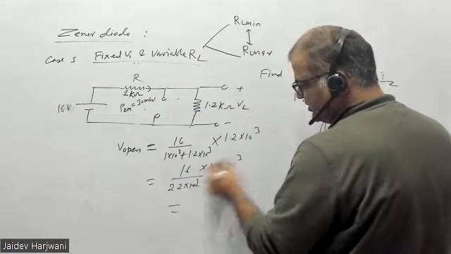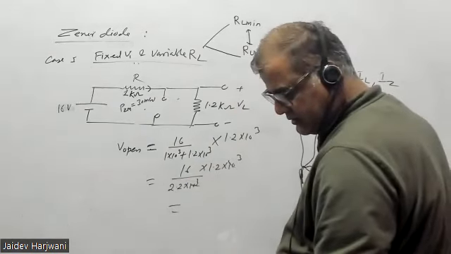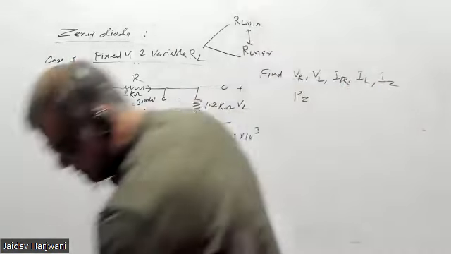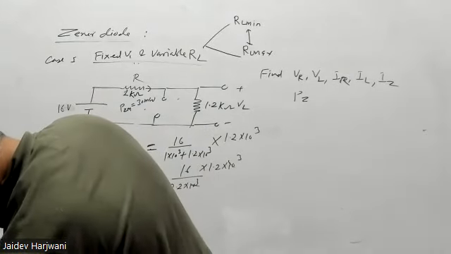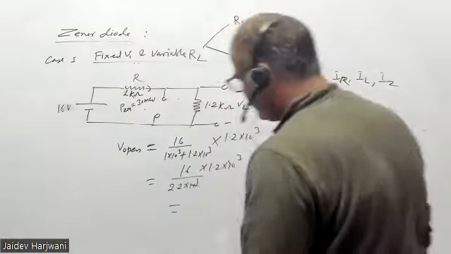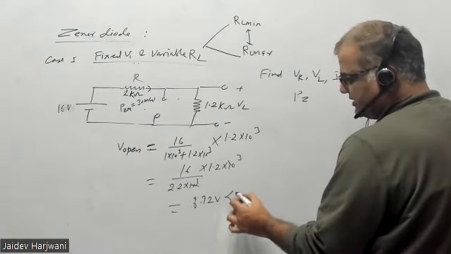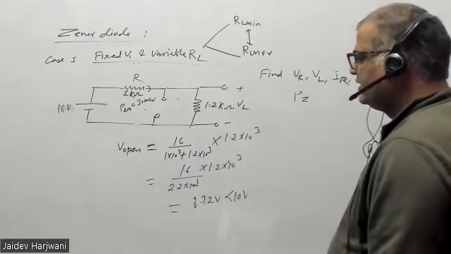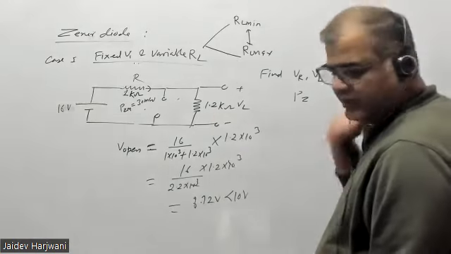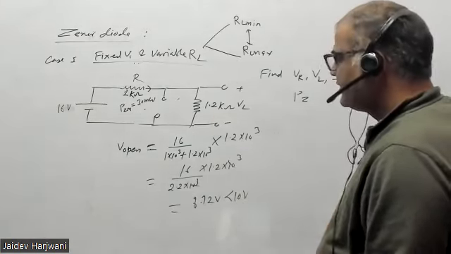Tell me how much is coming. 8.72 volt, which is less than 10 volt. So of course at 1.2 kilo ohm, the Zener is not conducting.